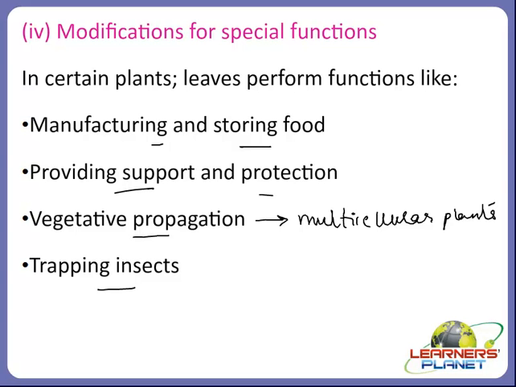So we can say that these plants multiply in number when the young plant grows. This process is known as vegetative propagation, right? So these are the functions of a leaf.